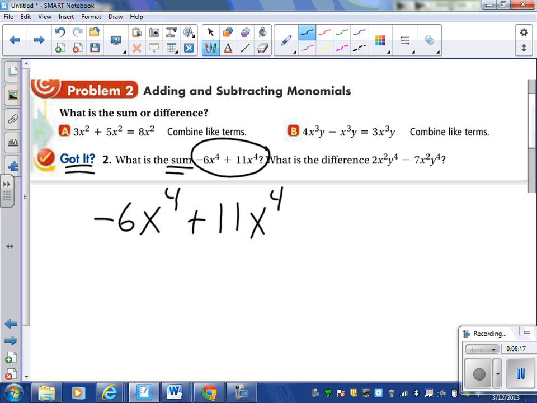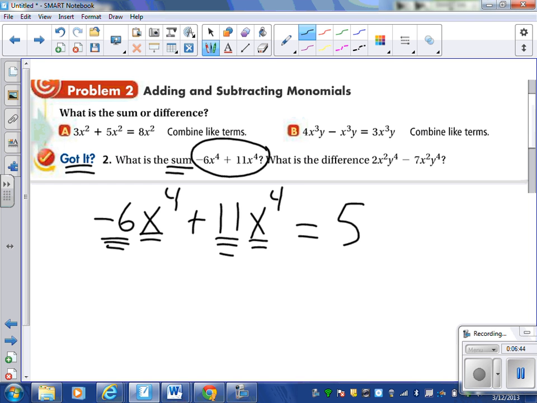Are they the same terms? Yeah, they both have x to the fourth power. So now all we need to do is add our numbers. Negative 6 plus 11 is, correct, 5.